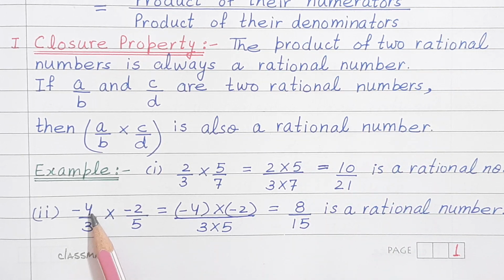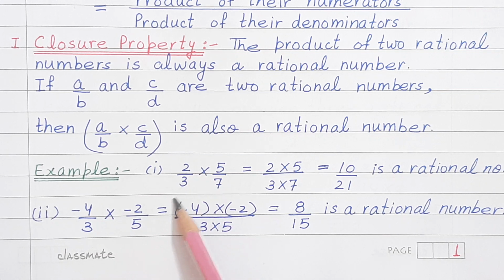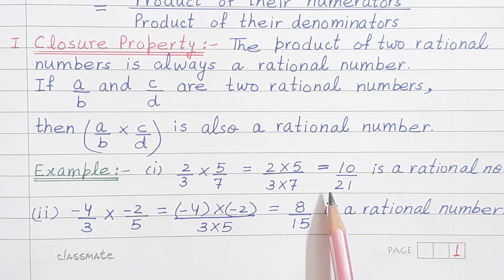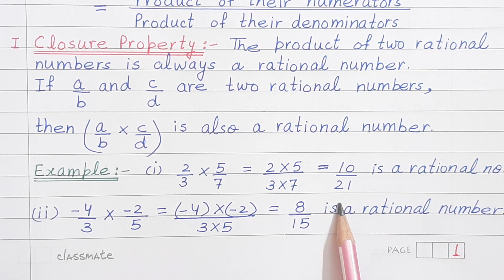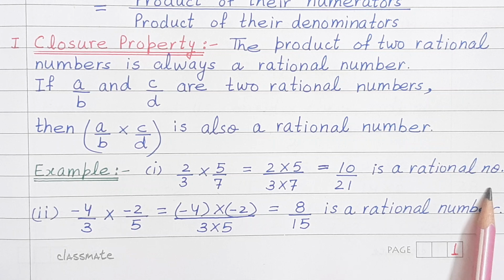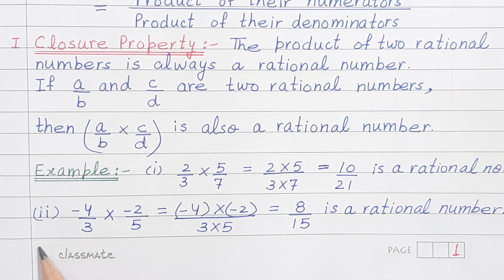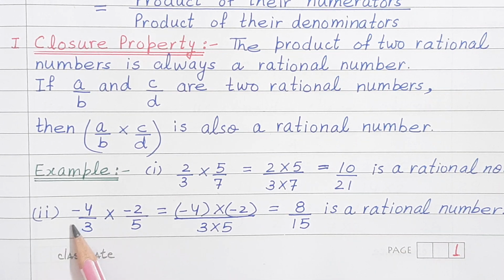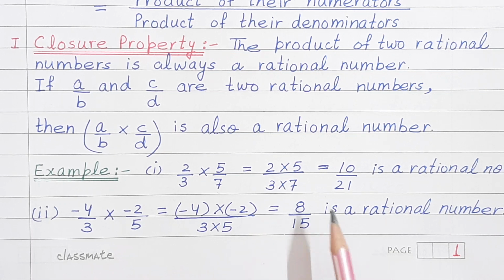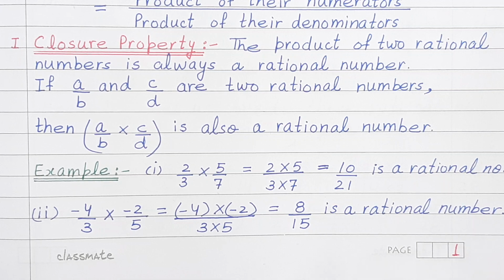For example, 2 upon 3 multiplied by 5 upon 7 is equal to 10 upon 21, which is again a rational number. Also, minus 4 upon 3 multiplied by minus 2 upon 5 is equal to 8 upon 15, a rational number.